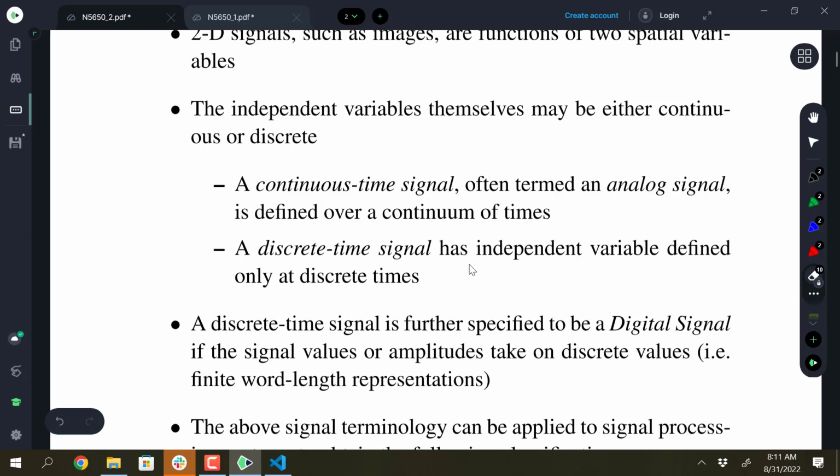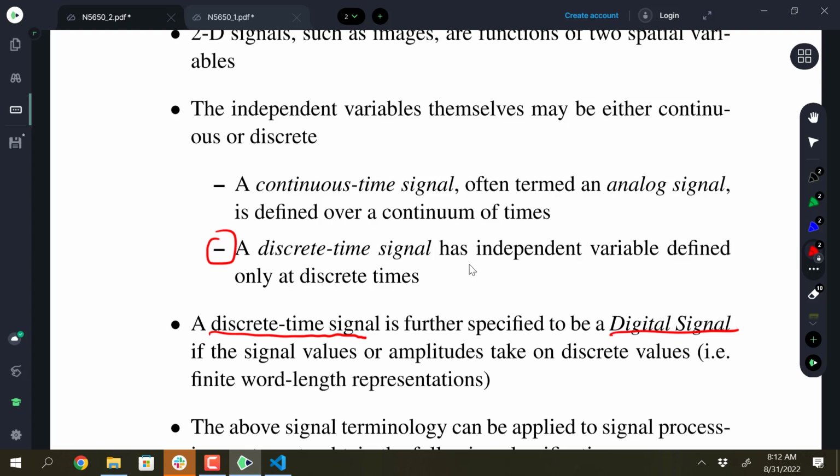With that being a discrete time signal, what's the difference between a discrete time signal and a digital signal? Most people say DSP as in digital signal processing, yet the title of the book has discrete time signal processing on it, right? What's going on there? It's just a fine point.